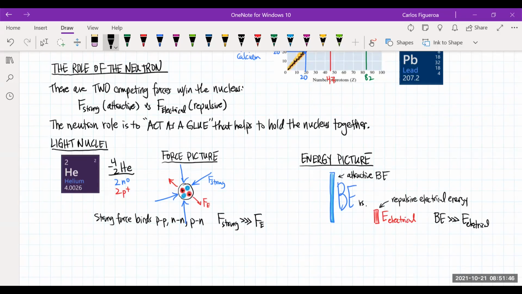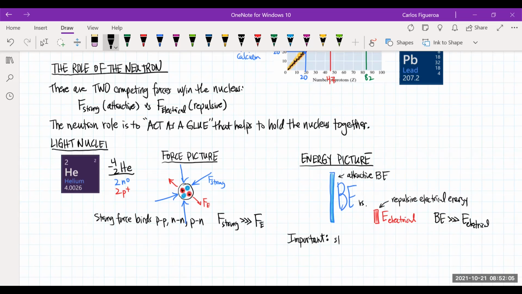But one thing that I really want you to keep in the back of your mind is this. Okay, and I'm going to say that this is an important point. What is the binding energy doing here?